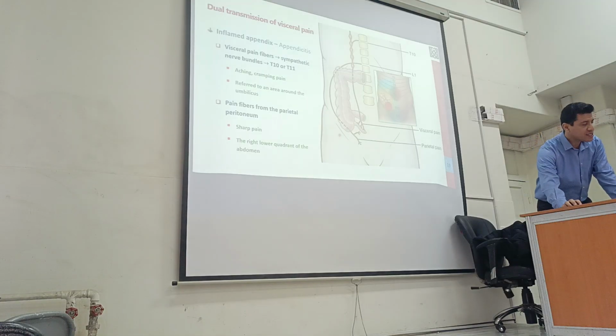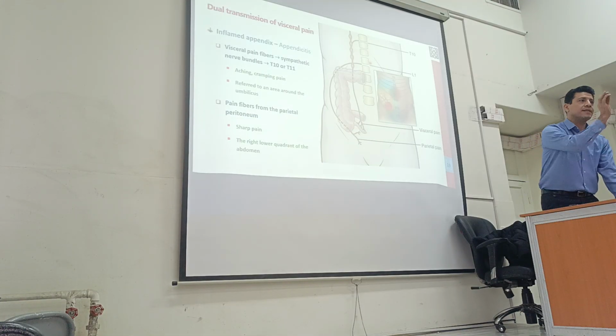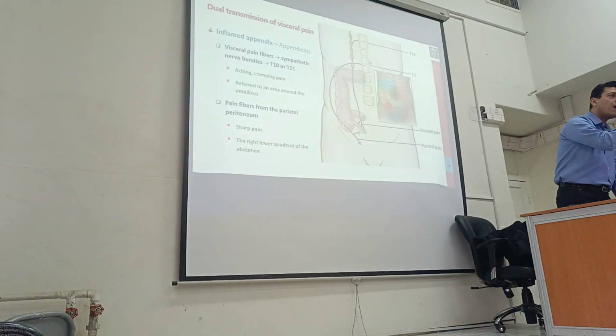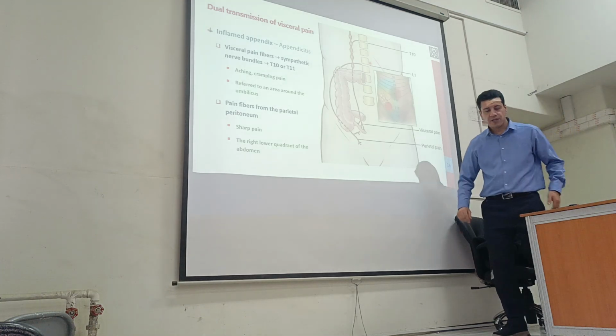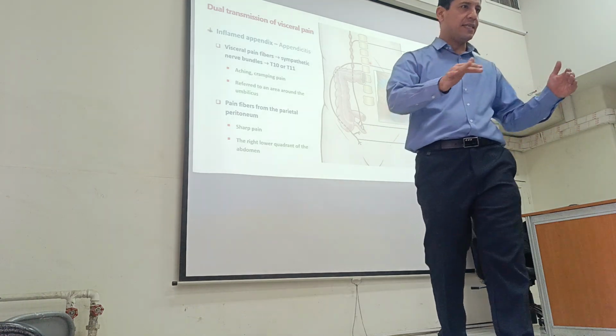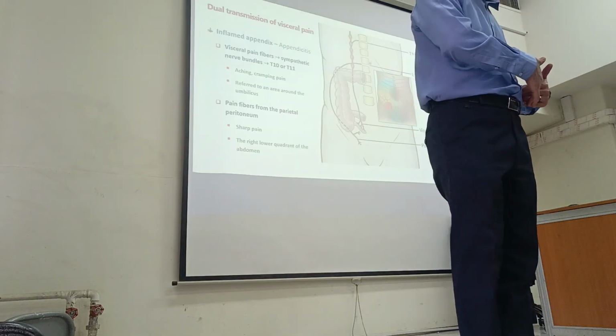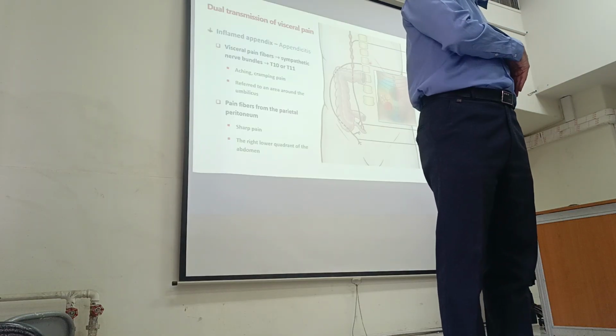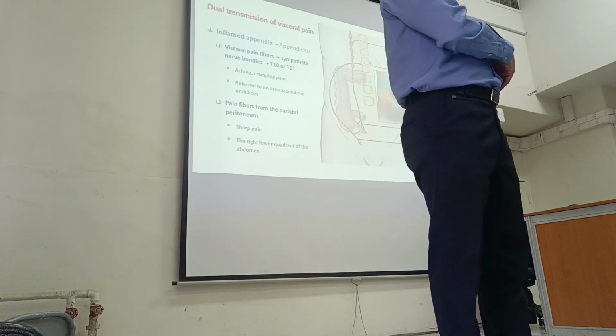So the pain which is sensed here by this nerve is somatic. So it's sharp and highly localized, right? So the patient knows exactly that he or she has pain here in the right lower quadrant because the appendix is here, right?